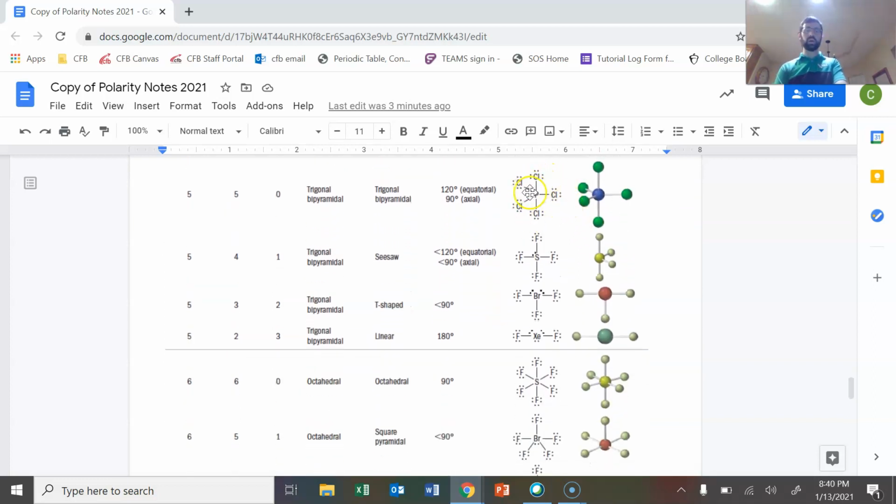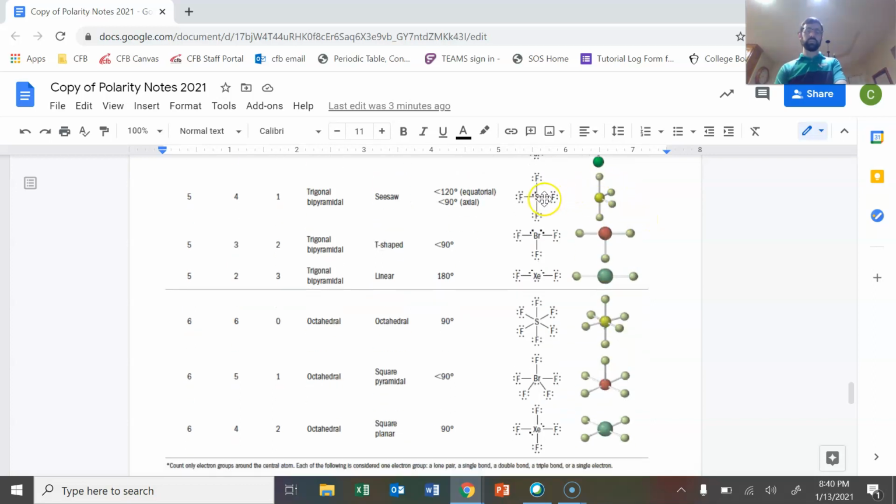All right, this one is going to be nonpolar. There are no lone pairs, so all of the dipoles are going to cancel out. You see the lone pair on this one? So you can visualize these two dipoles kind of cancel out, but these two, they don't cancel. They're going to combine to make a dipole.